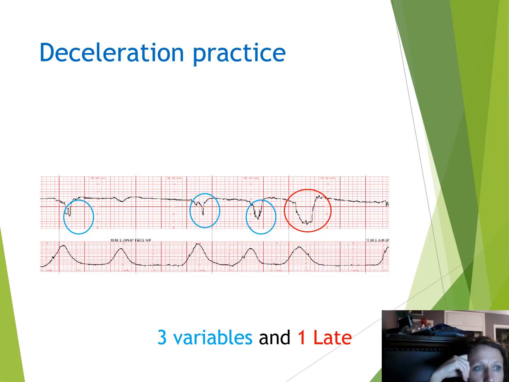So if you go from the beginning of the deceleration to the lowest point of the decel, it'll be longer than 30 seconds. So remember how I said that's an important number to remember? That's why. Okay. So what this is telling us is this baby is experiencing 1, cord compression from the variables, and 2, uteroplacental insufficiency, uteroplacental perfusion issues, right?